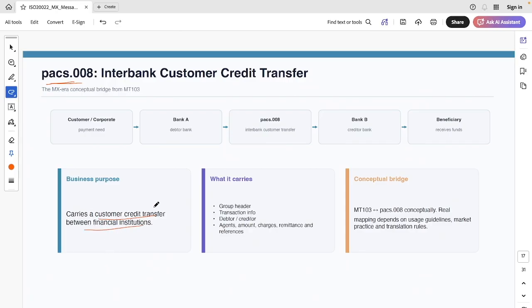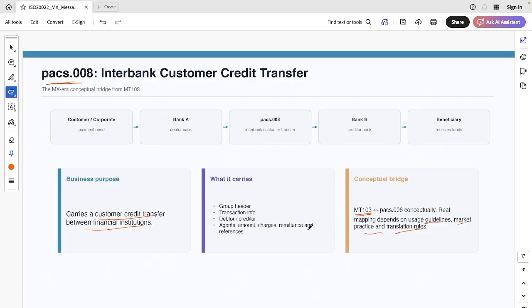If you know the MT world, you can conceptually think of PACS.008 as an MX era bridge from MT 103. But be careful, it is not always the same. It's not always a simple one-to-one copy of MT 103. Real mappings depend on the usage guidelines, your market practice, then the network rules and the product design.